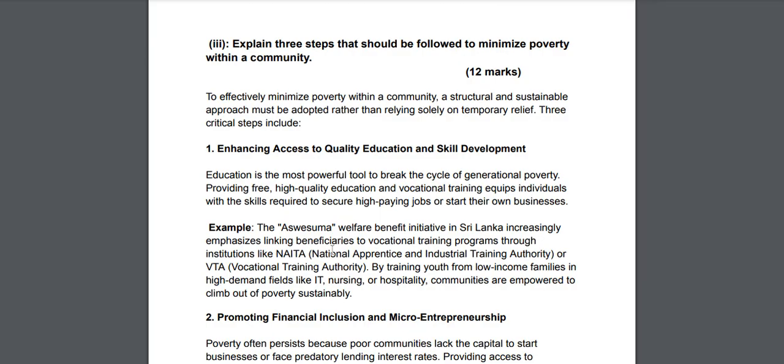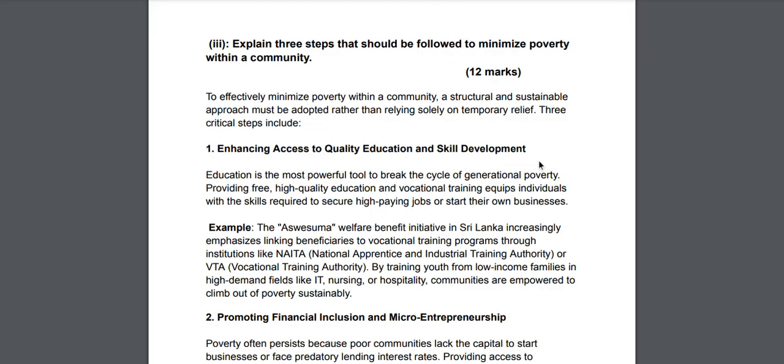So then when you are answering questions you can use them. So here the example is enhancing access to quality education and skill development. We have to develop this kind of education and skills in order to minimize poverty within a certain community.